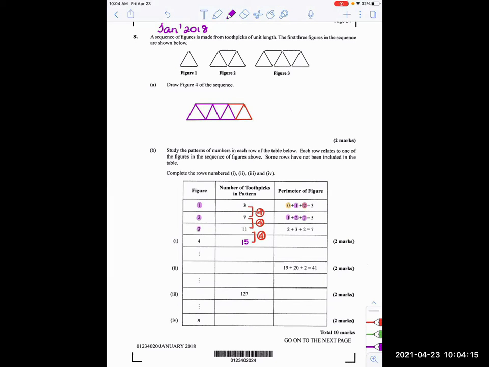Then for the number 3, I add 2 and I add the number before. So for the number 4, this would be 4 plus 2 and the number before, the number 4 would be 3. So here I will have 4 plus 2, 6 plus 3, 9. Did you all get that? Yes, miss.